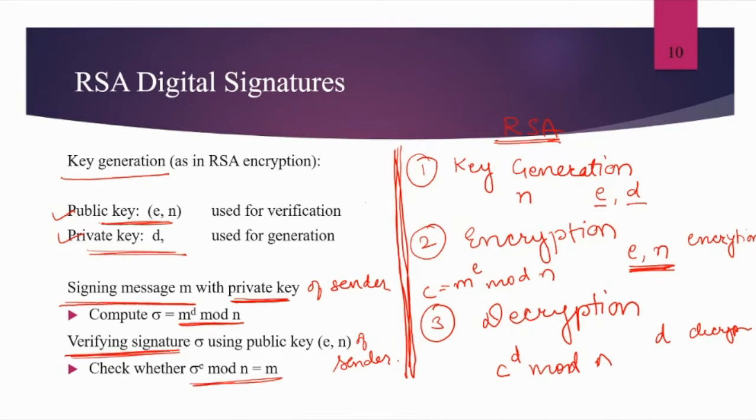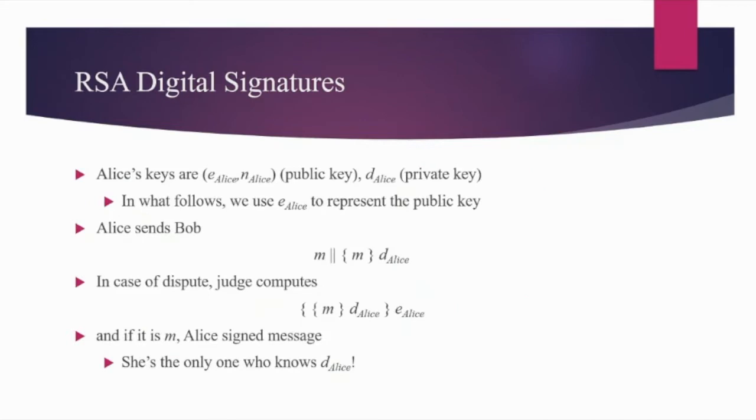So there are 3 steps: key generation, signing the message, and verifying the message. This is a simple example of the RSA algorithm. Suppose these are the public-private keys of Alice. Alice wants to send a message to Bob. Alice will append to the message the encrypted message, encrypted using her private key.